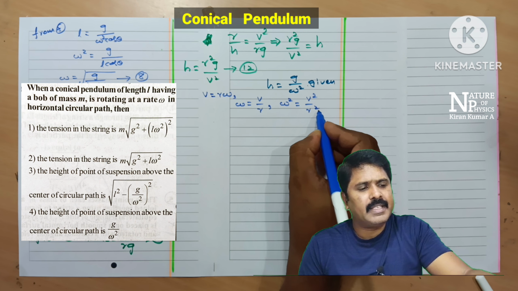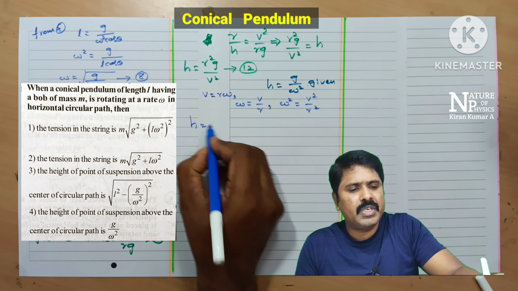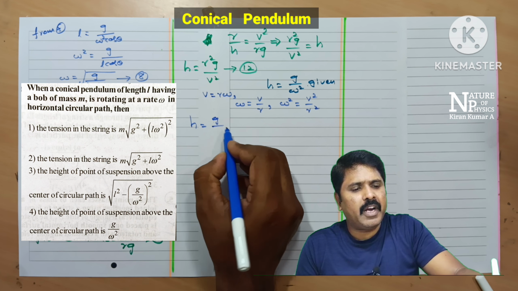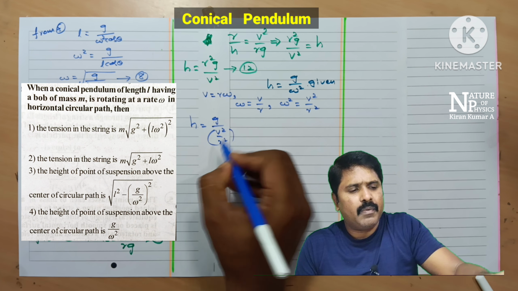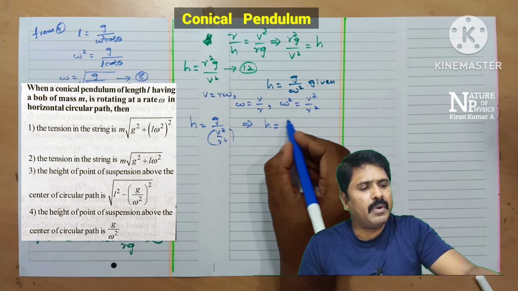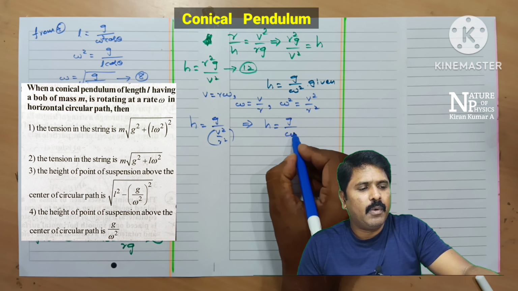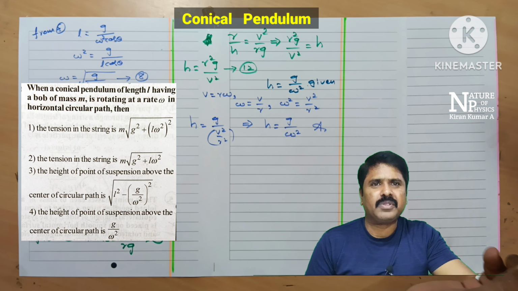The value is replaced in the above equation, so that we will get h equal to g divided by v square by r square. One more step written for clarity purpose, h is equal to g divided by omega square, student. This is the answer for the given question.